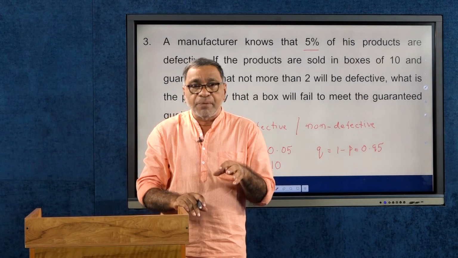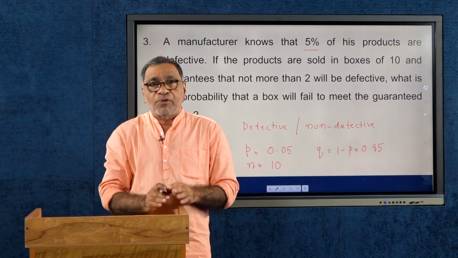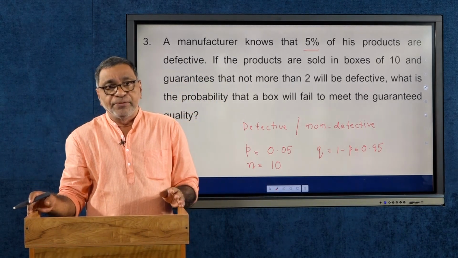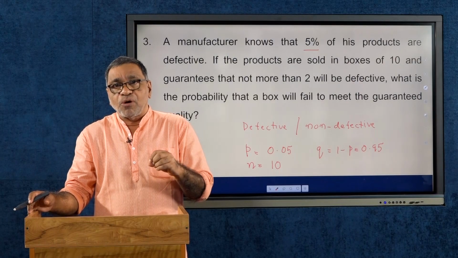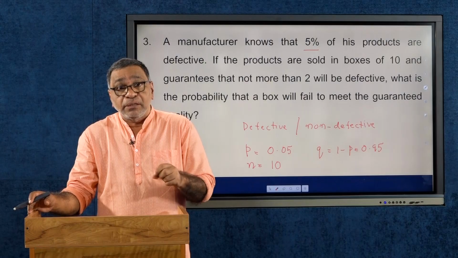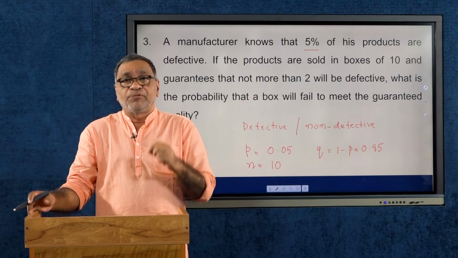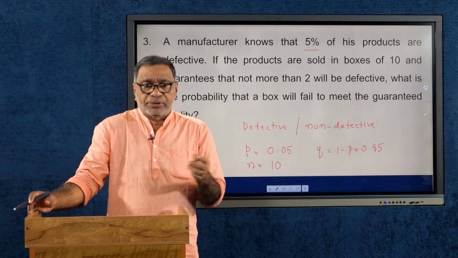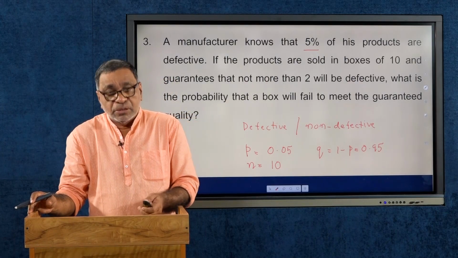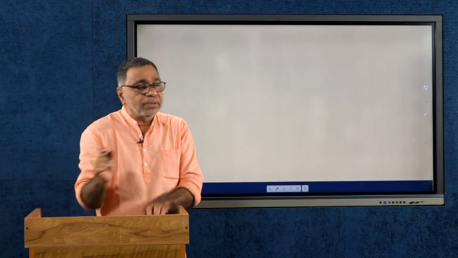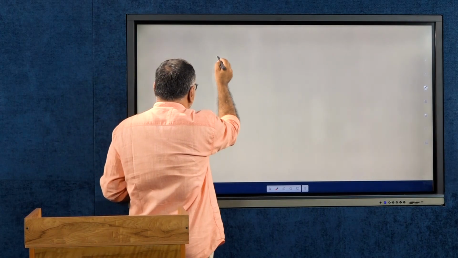So the question: a manufacturer knows that 5% of his products are defective, and the products are sold in a box of 10 with a guarantee that not more than 2 will be defective. What is the probability? This problem can be modeled using the binomial distribution.